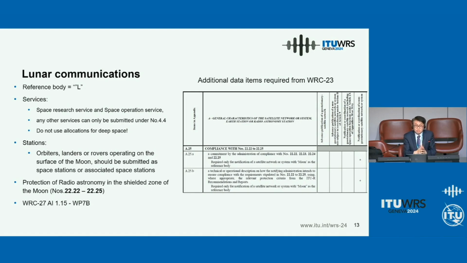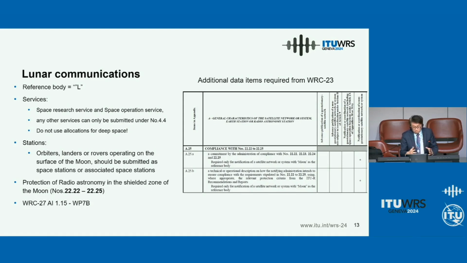Then the stations that you will submit, whether the orbiters, the landers, or rovers that are operating on the surface of the moon, they should be submitted as space stations or associated space stations. Also to point out that WRC-23 has adopted a couple of new data items for the protection of radio astronomy in the shielded zone of the moon under provisions of 22.22 to 22.25.